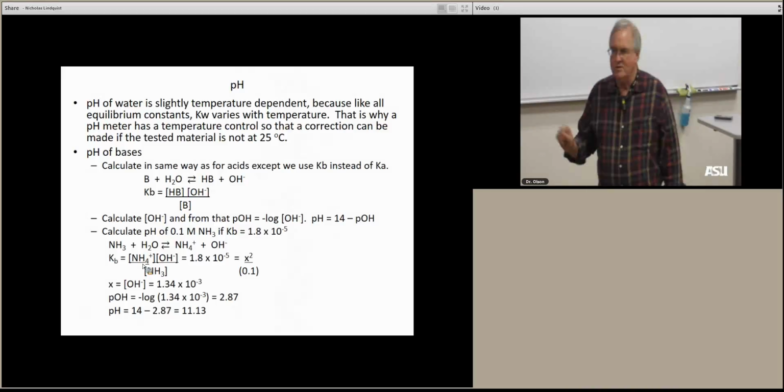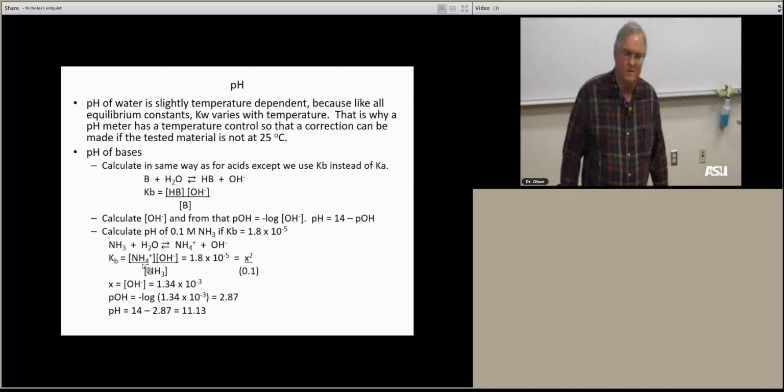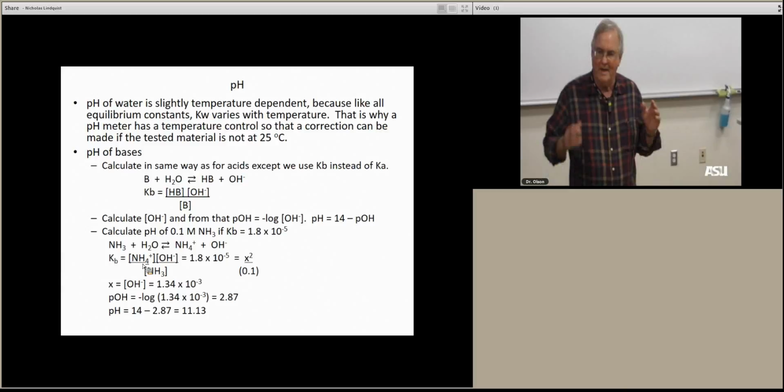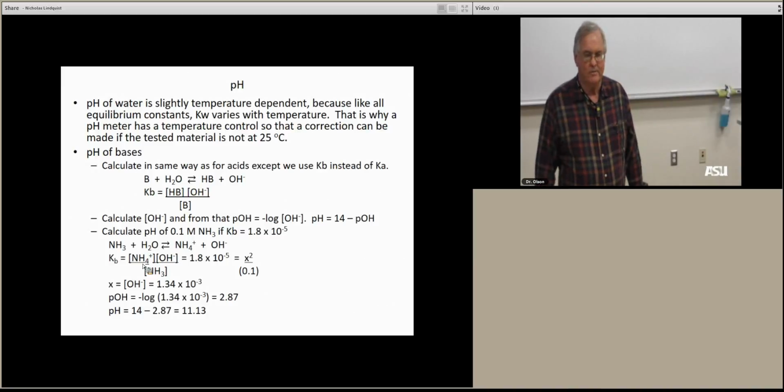So if you've ever used a pH meter, you'll notice there's some kind of temperature adjustment on there. If you're measuring the pH of water that's not at 25 degrees Celsius, you need to use that temperature control. Otherwise, you'll get the wrong answer.